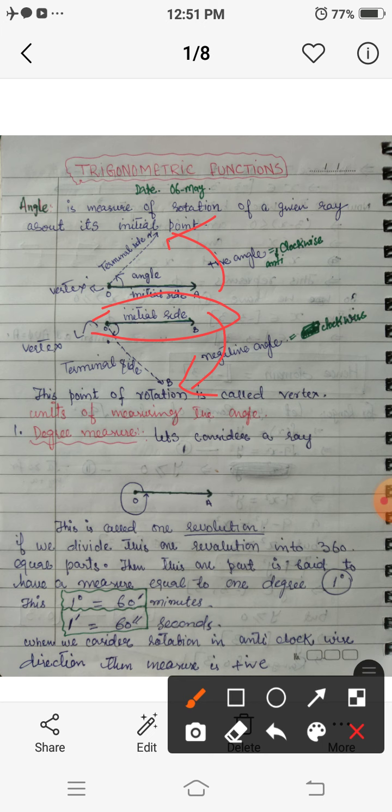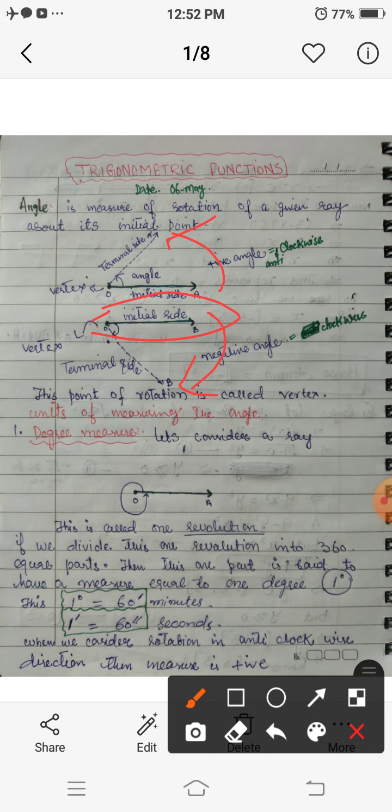Now this angle is called the negative angle, or simply we can say that the measure of this angle is negative. Here negative doesn't give us the magnitude, but it simply describes the direction in which we are measuring. If clockwise, it is negative; if positive, then the measure of the angle is along anti-clockwise direction.